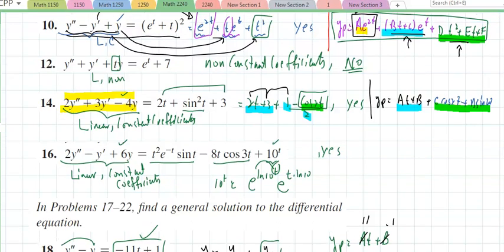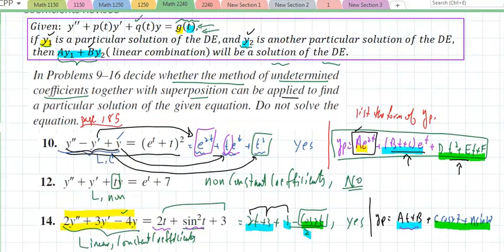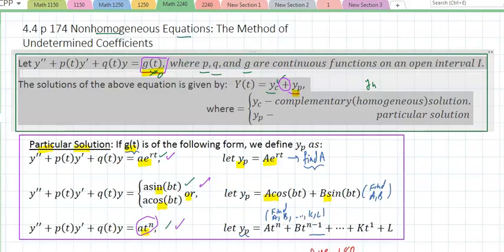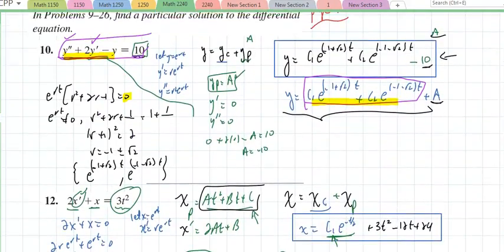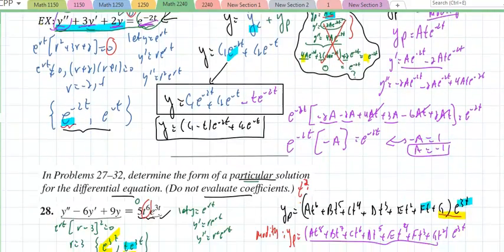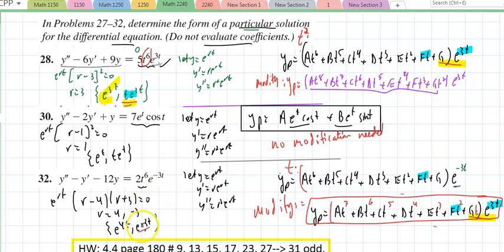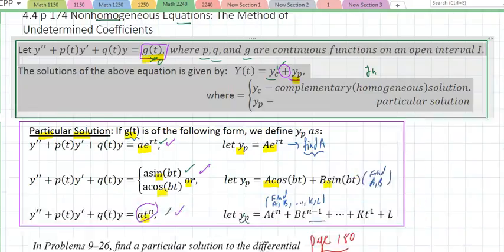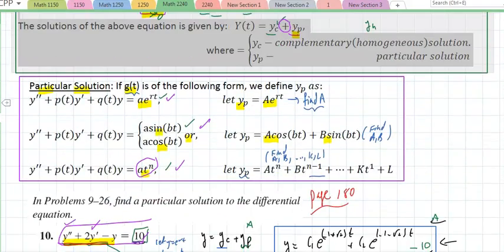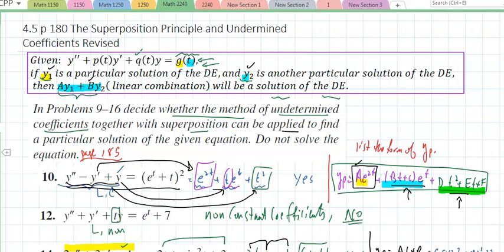If you recall, when we did those, we worked each one out by itself. Superposition, where was that? I thought it was for 5.